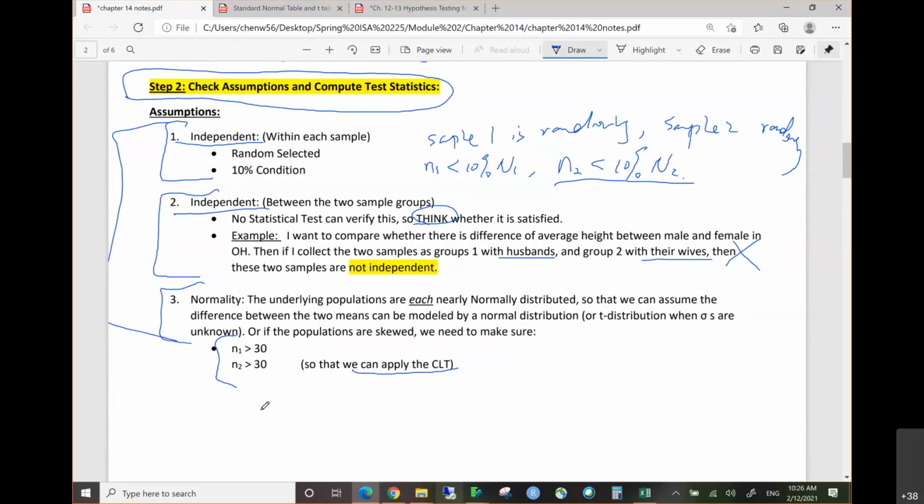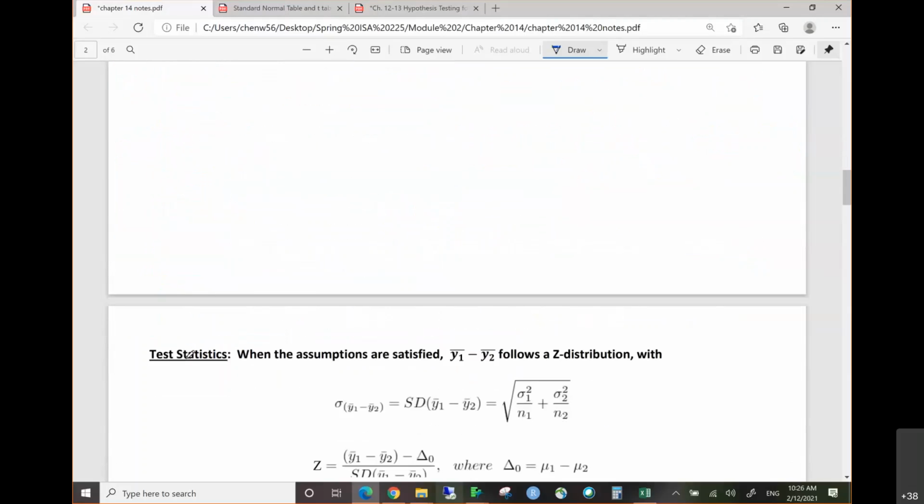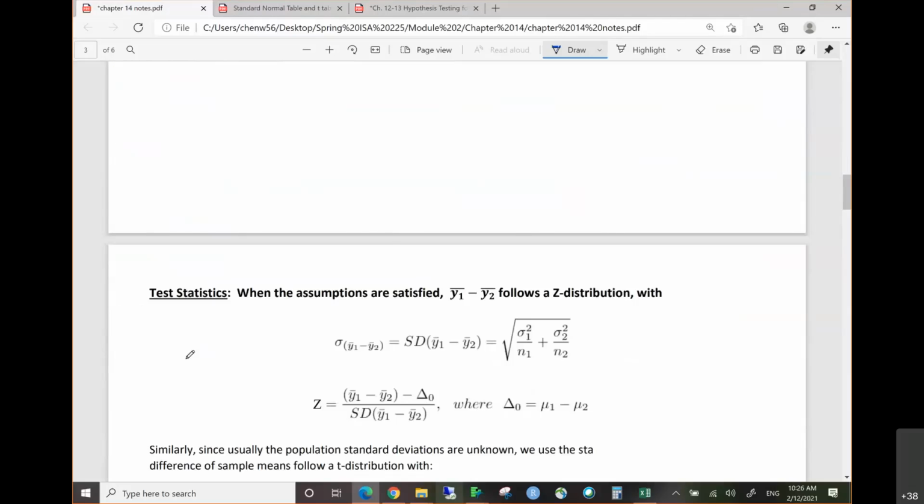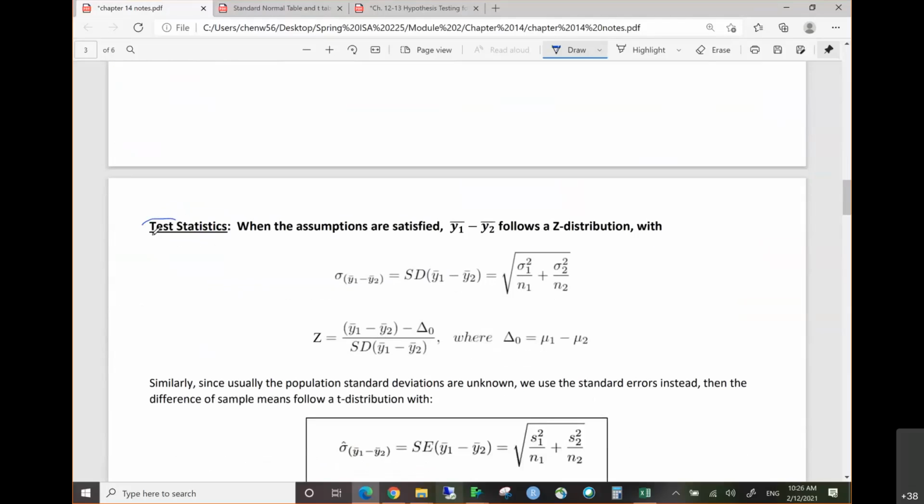And then similarly for the normality assumption, again, we need to check whether the sample size is larger than 30 for both samples. All right, if these three assumptions are all satisfied, then we can use the formula to calculate the test statistics.